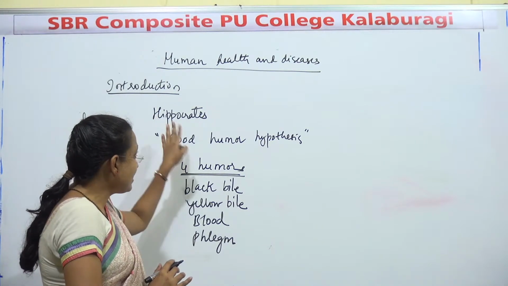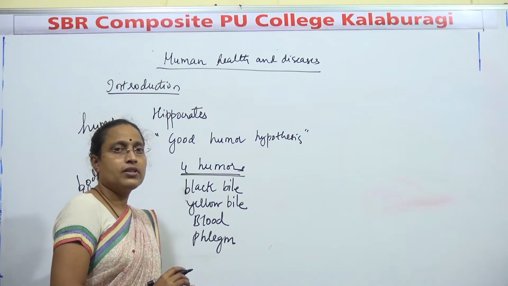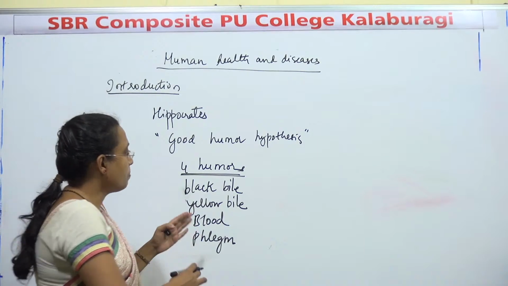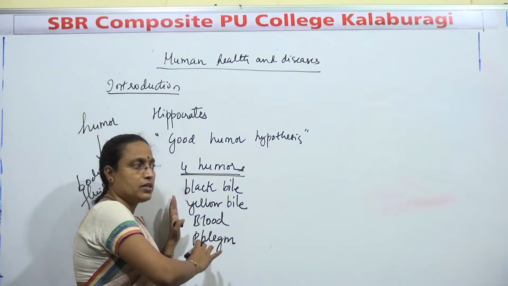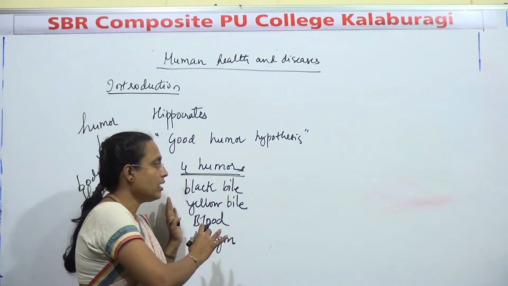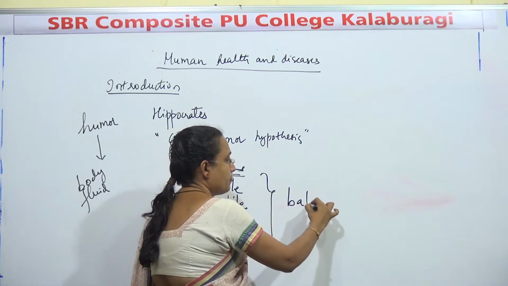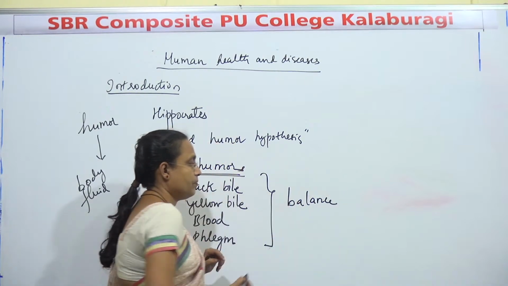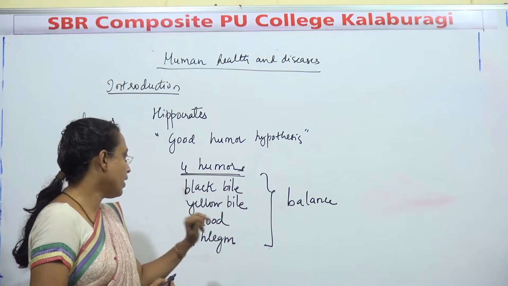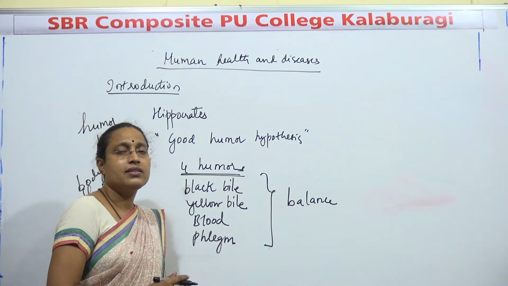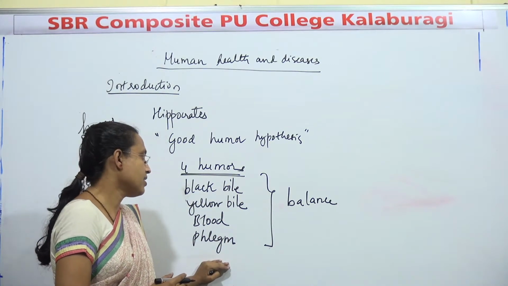Now, what did he state according to this good humor hypothesis? If a person has a balance of all four humors, the correct balance should be there. If there is balance within these humors, black bile, yellow bile, blood, phlegm, these are the names of the humors he has given.